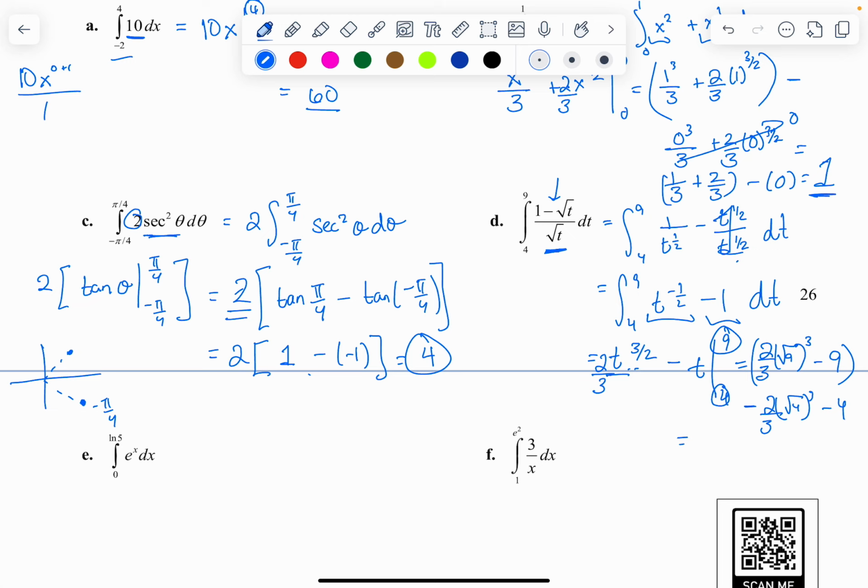So that's going to be 2 times 9, which is 18, minus 9. Minus 2 cubed is 8. Times 2 is 16, divided by 3. So 16 divided by 3 minus 4.